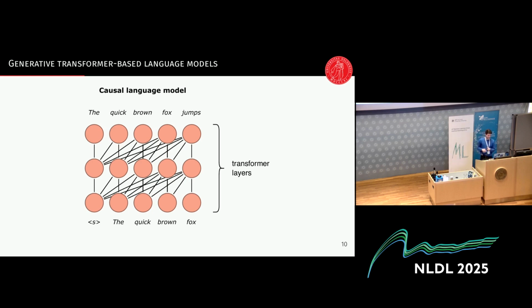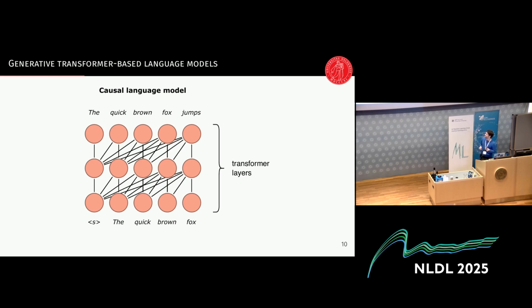Right at the left, we have the artificial beginning of sequence symbol. This symbol gets input into the transformer, goes through the layers, outputs some hidden vector for each layer, and then at the end, it should output the as the next word. Similarly, we then input the beginning of sequence symbol and the into the model, and then it should predict the next word, which is quick, and so on.